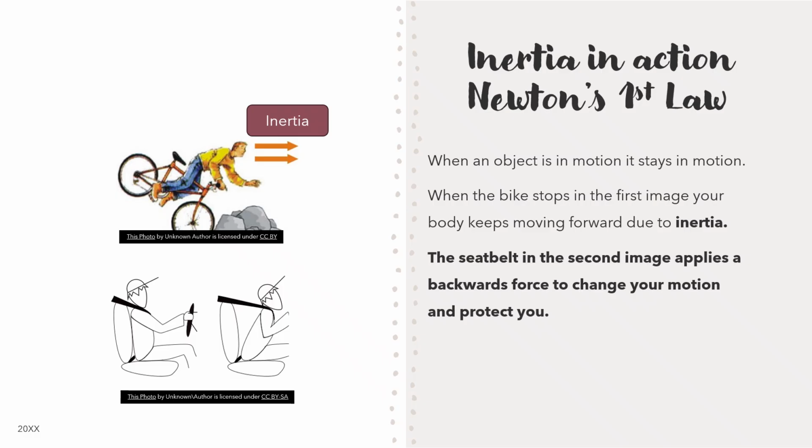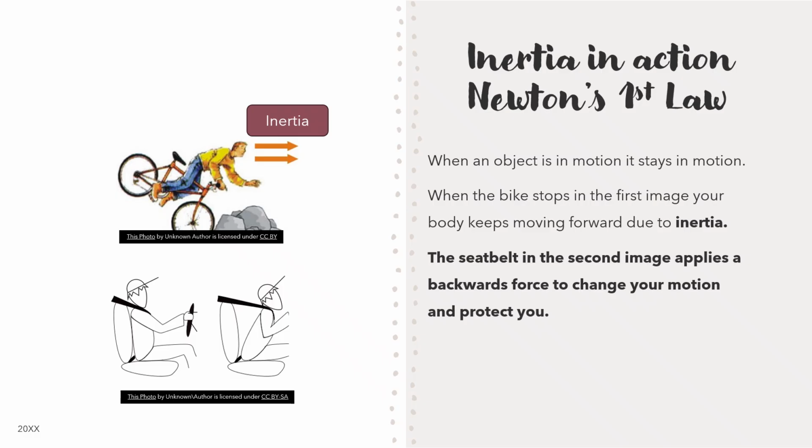It is not going to stop. The only thing that's going to stop you is your seatbelt. So your seatbelt will be holding you back by using a force in the opposite direction.